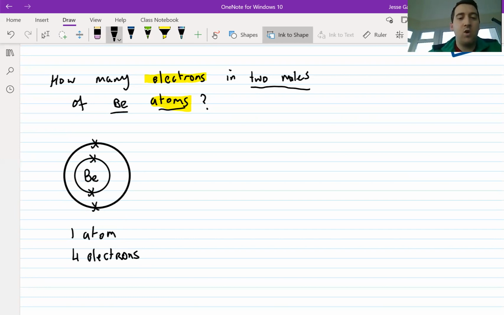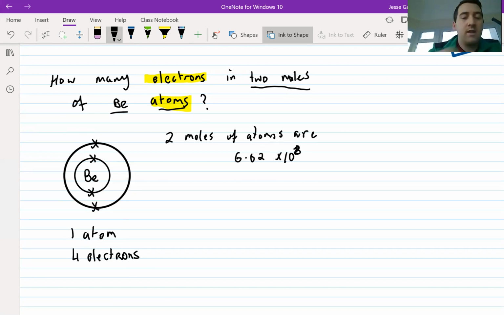Well, we know 1 mole is 6.02 times 10 to the power of 23. Okay, so 2 moles of atoms are 6.02 times 10 to the 23. That's the 1 mole number.